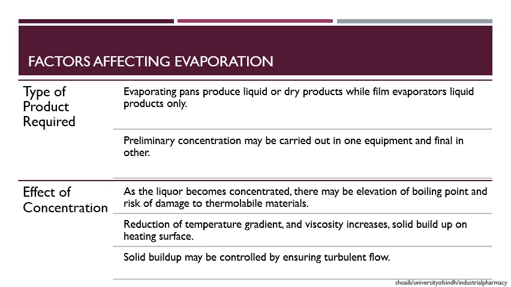If we require a liquid product or a dry product, for that we will be using the evaporating pans, while the film evaporators are a certain type of evaporator. We will be discussing these evaporators in the next lectures.